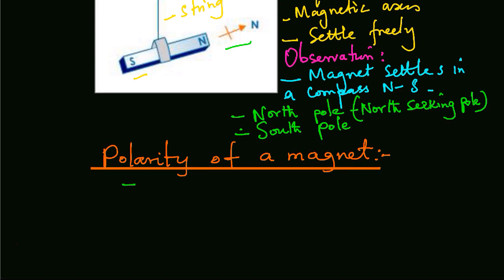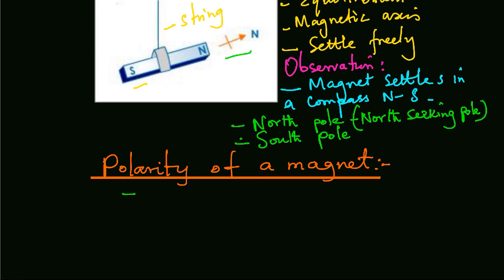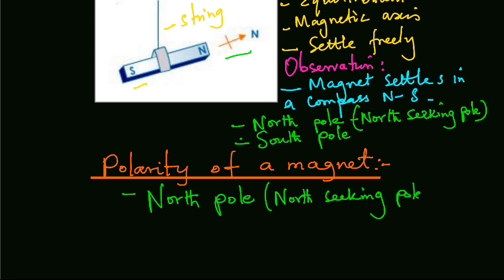We have the North Pole, which can also be called north-seeking pole. The North Pole is normally denoted by capital N. So when we see capital N in a magnet, then we know that we are referring to the North Pole of the magnet.